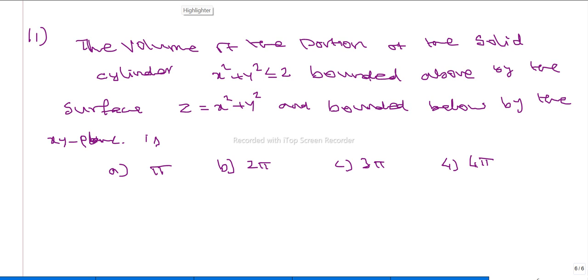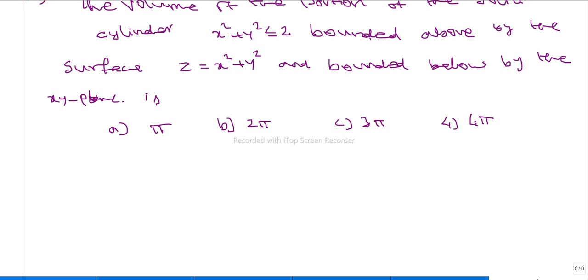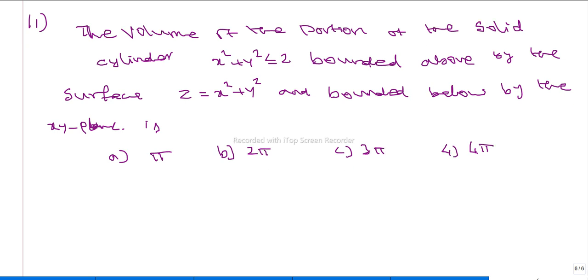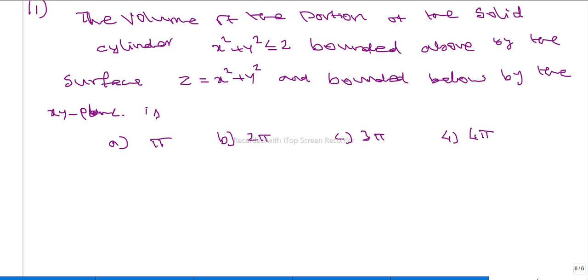So how to solve this one? Actually this is a function from R2 to R. You have to find the double integral over the region of the volume, with the function being the surface.